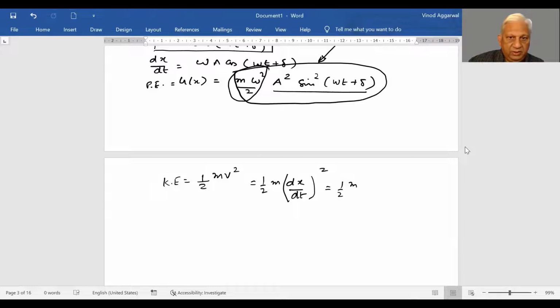We have already calculated dx by dt earlier as this formula. This becomes 1 by 2 m omega square a square cos square omega t plus delta.